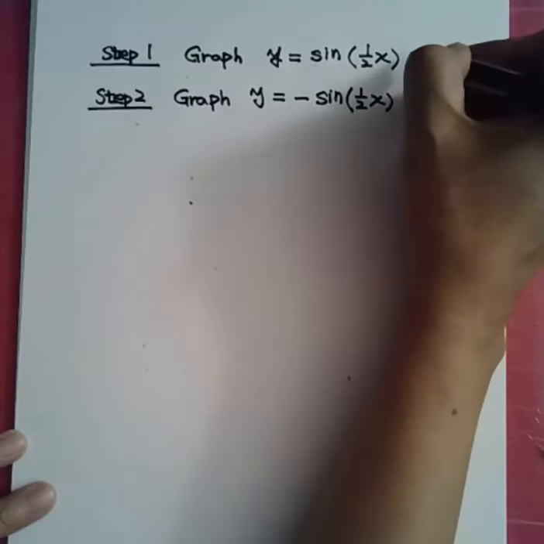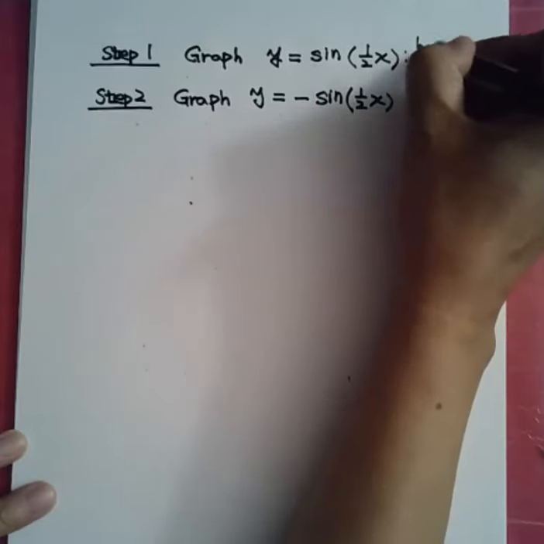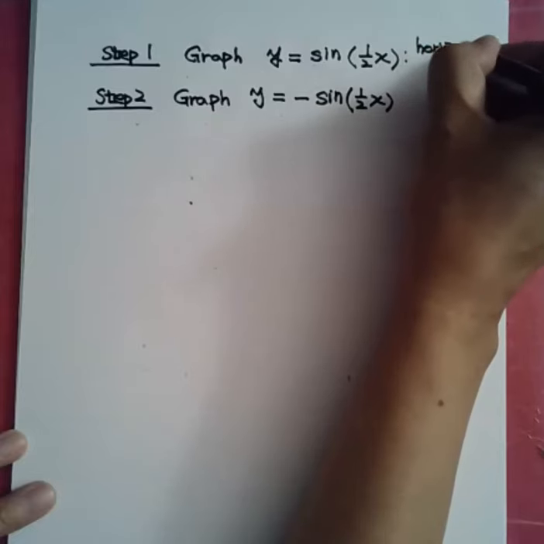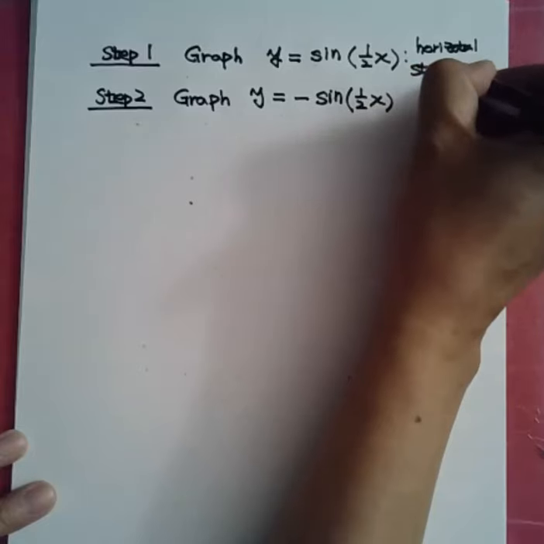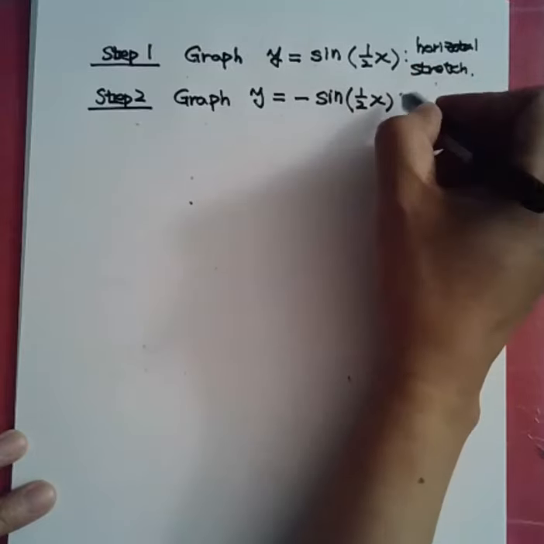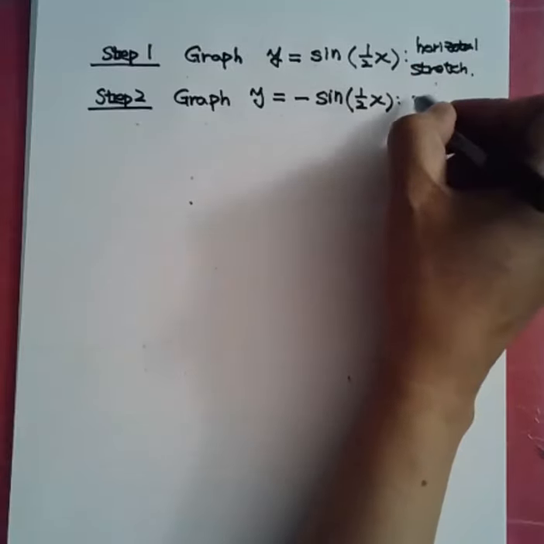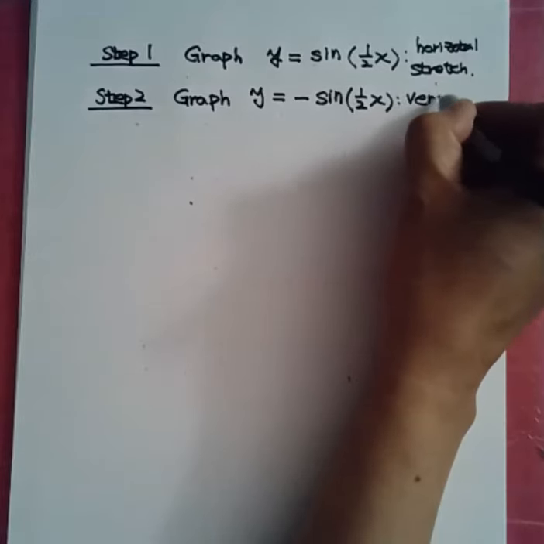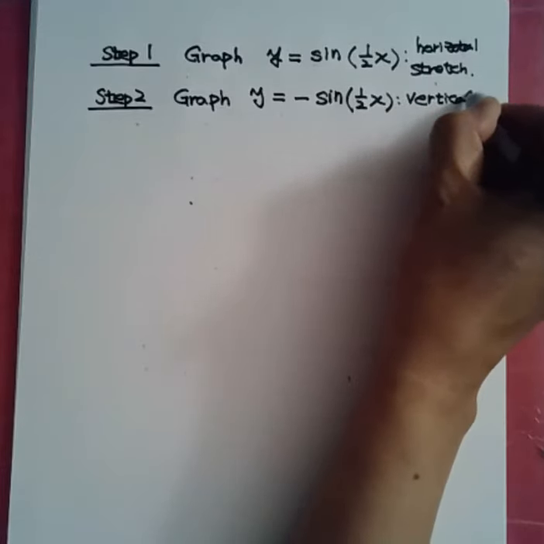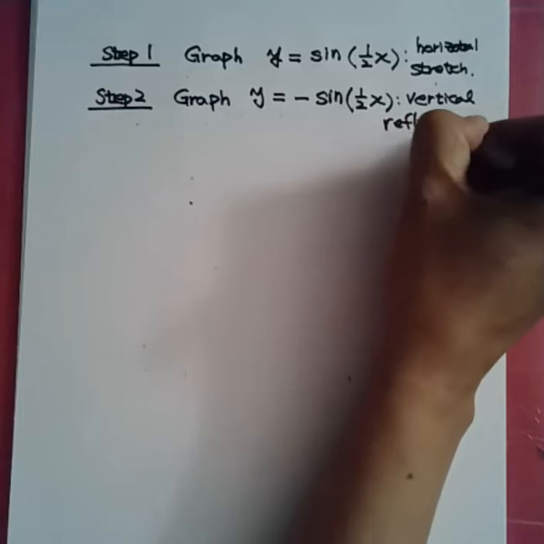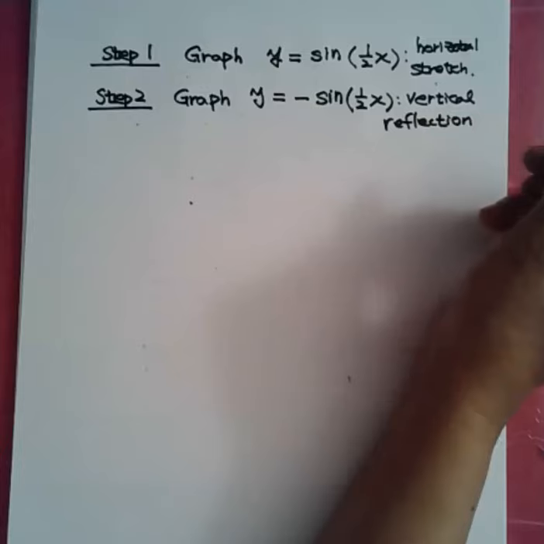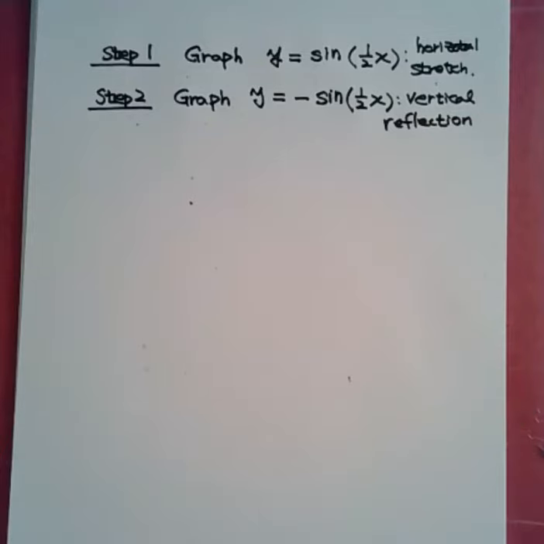So at this stage, what happens will be a horizontal stretch. In the second stage, we will flip, so it'll be a vertical reflection, or reflection along the x-axis.